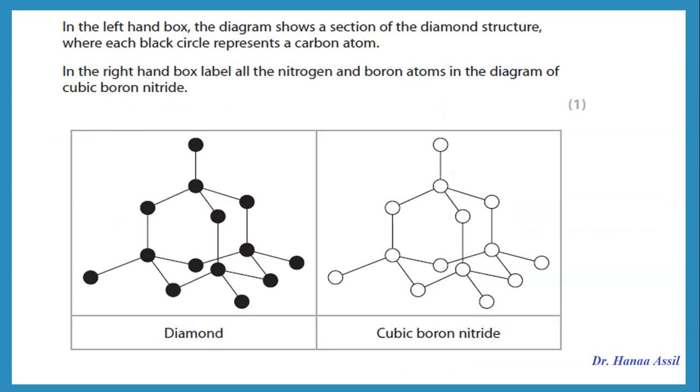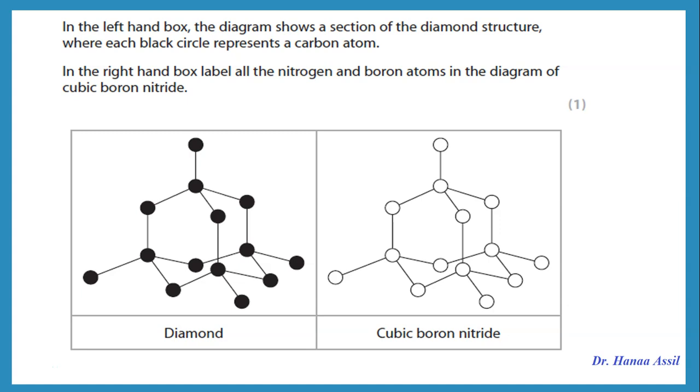In the left-hand box, the diagram shows a section of the diamond structure. So when we were drawing diamond, this is the structure of diamond. We were saying it's a giant three-dimensional tetrahedral structure in which each carbon, remember diamond is all made of carbon atoms, each carbon was covalently bonded to 4 other carbon atoms.